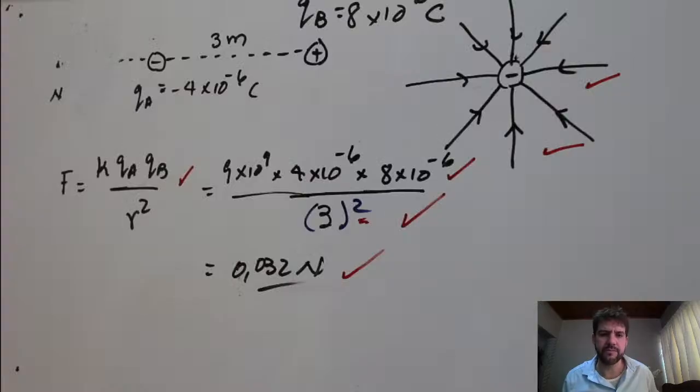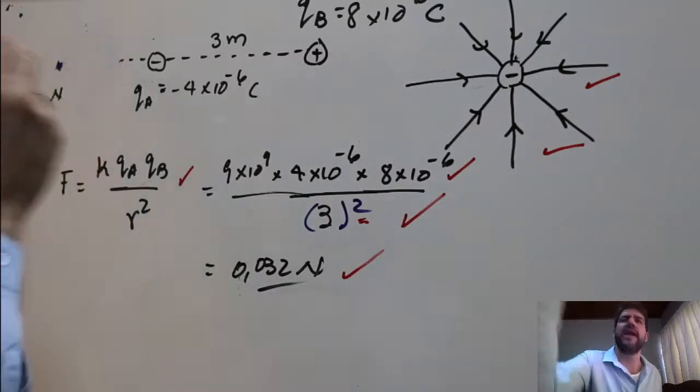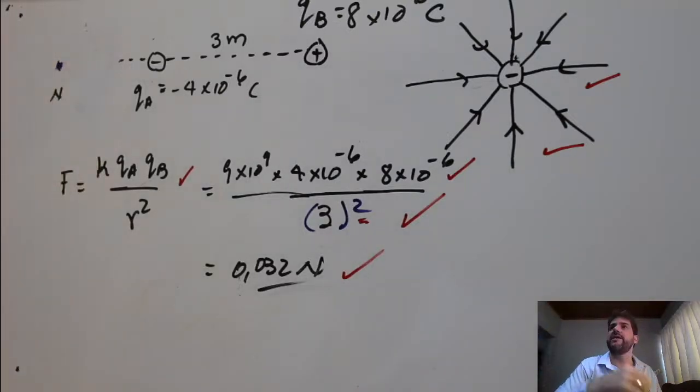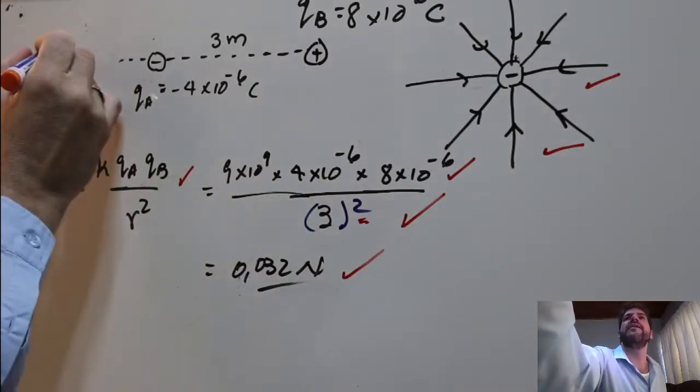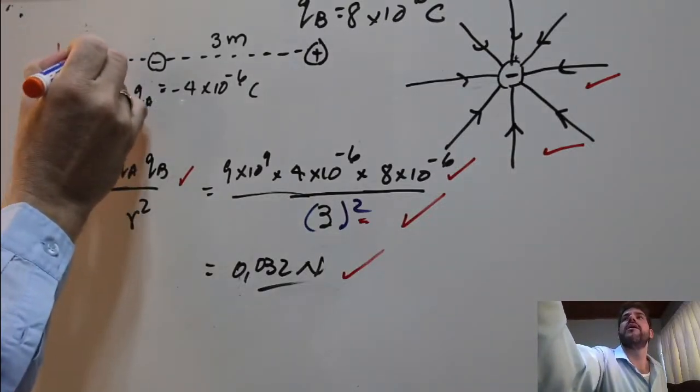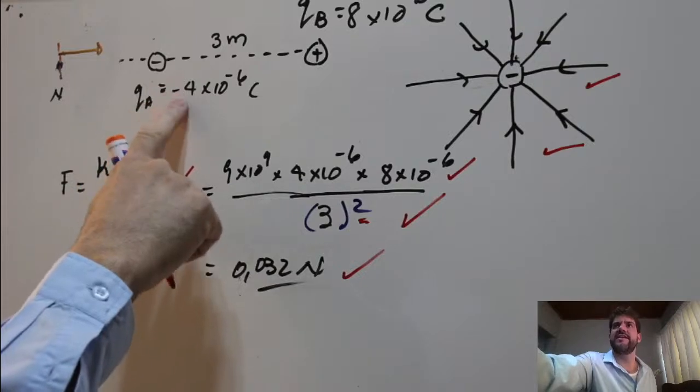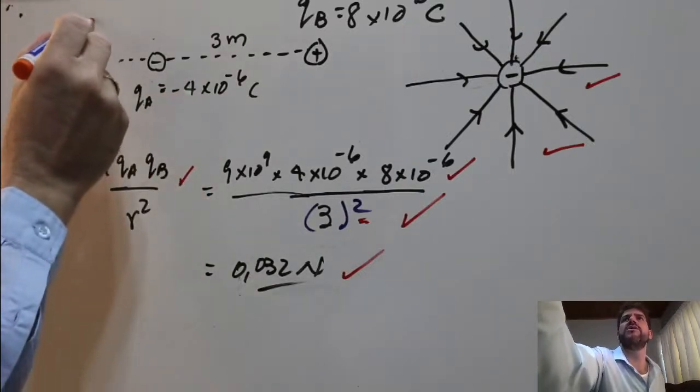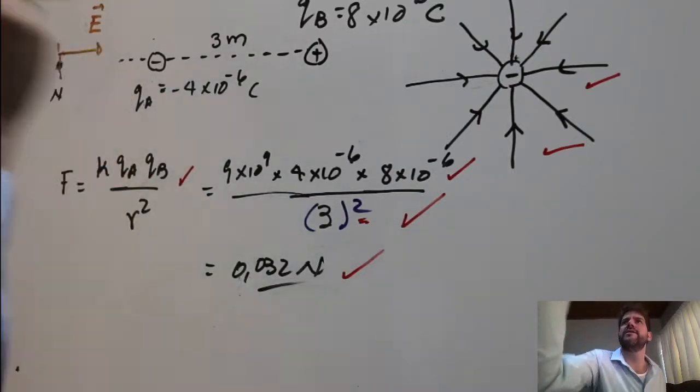Now at that point we have the electric field due to A and the electric field due to B. So at this point here you will have electric field A. This charge here is negative, so it will be pointing to the right.